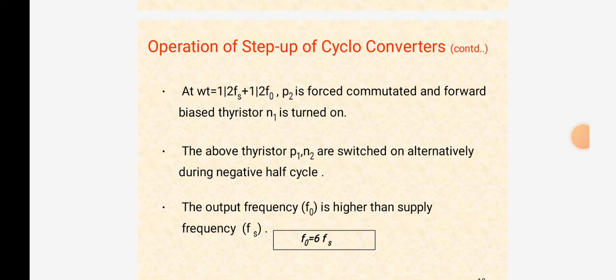Hence, P1 and N2 are switched on alternately during the positive half cycle, and the thyristors P2 and N1 are switched on alternately during the negative half cycle. The output frequency F0 is higher than the supply frequency, that is F0 is equal to 6 Fs.